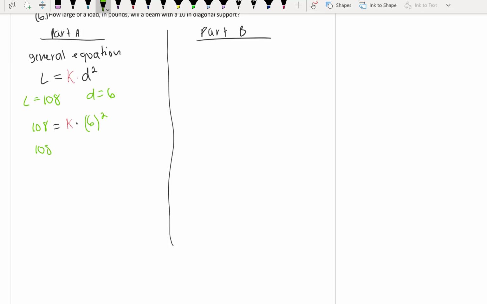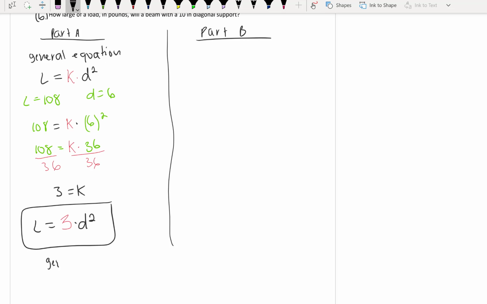So 108 is equal to k times 36. I divide both sides by 36, so 108 divided by 36 gives you 3. So 3 is equal to k. Your general equation is L is equal to 3 times the diagonal squared.